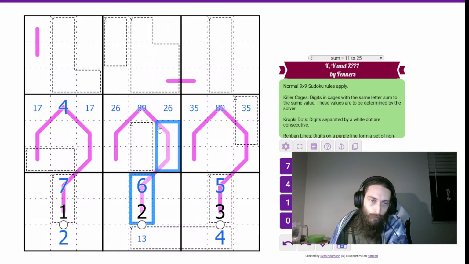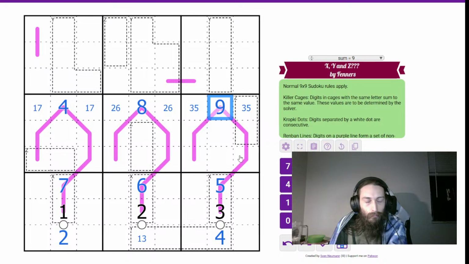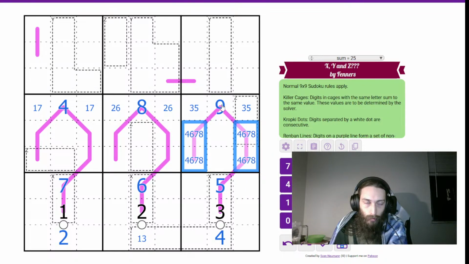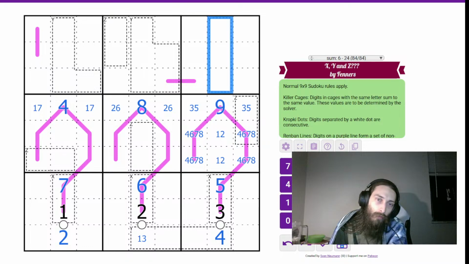And 2, 3, 4, 5, 6, 7, 8 doesn't reach 9. 3, 4, 5, 6, 7, 8, 9. So 1 and 2. Which means we know what Y is now, because it has to be 6, 7, 8, which is 21.